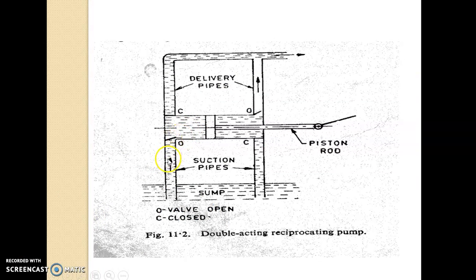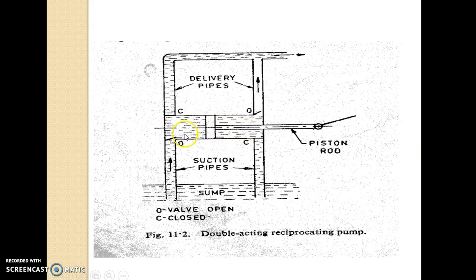In this case we have two suction pipes and two delivery pipes. So when the suction takes place here, the liquid here will be delivered. During the suction stroke, here suction is taking place, simultaneously over here delivery will be taking place, and here it is suction again, then here it will be delivery.